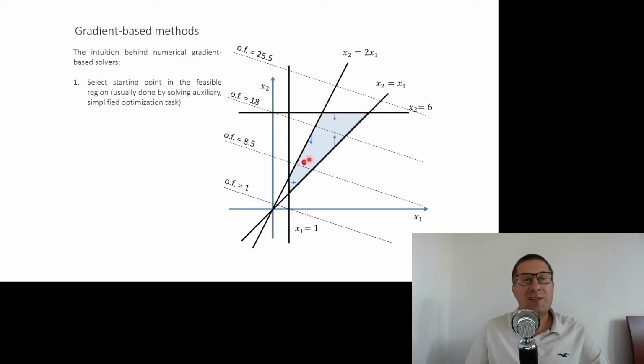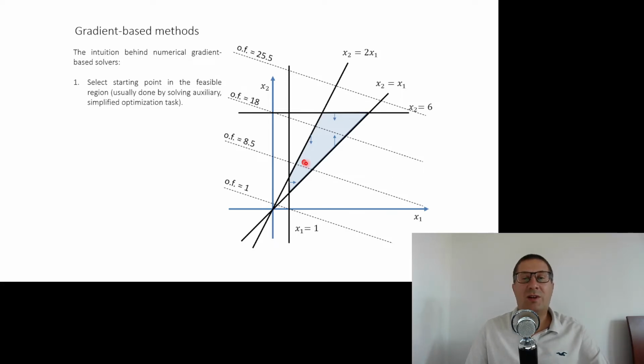So in a gradient-based method, first of all, we have to select a point which is inside the feasible region. In order to do so, we usually solve an additional task at the beginning.